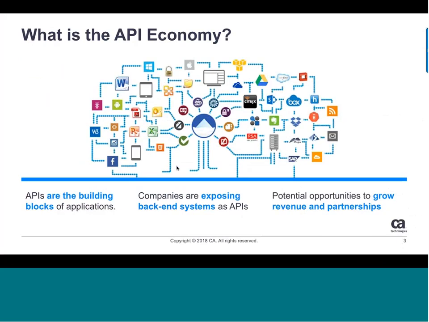First of all, why do we care? What are APIs? I'm sure most of us on the phone understand what an API is, but really an API is a building block for your applications. More and more, these building blocks are not only internal, but externally available.